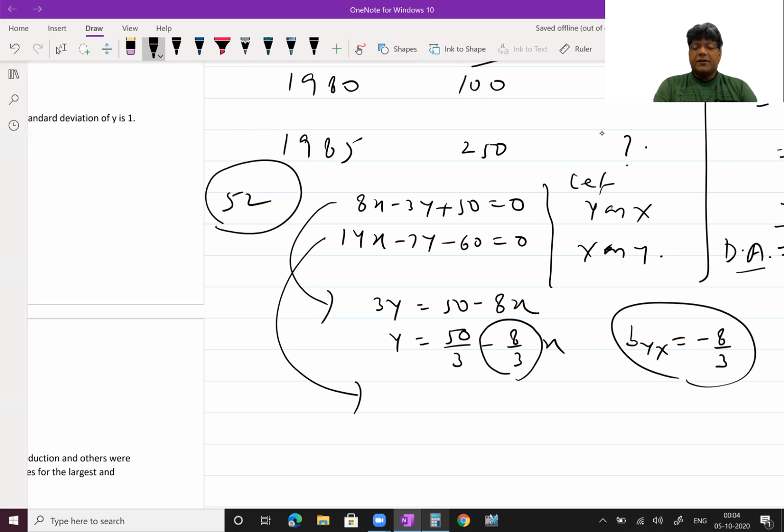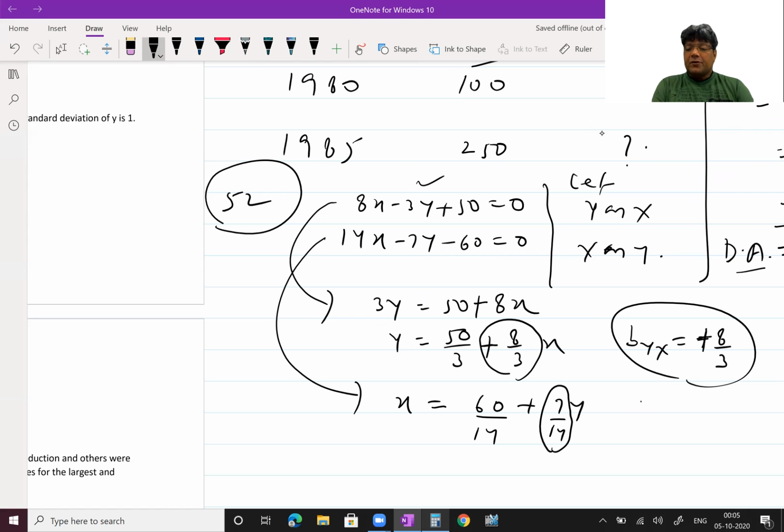Now, similarly, doing the other one as x on y, leaving the x portion on the left-hand side, it can be written as x is equal to 60 plus 7y, and the 14 behind x will come down, so 7 by 14. Guys, I made a sign mistake earlier: it is 8x plus 50 equal to 3y, so the sign is plus, and now it became correct, 8 by 3.